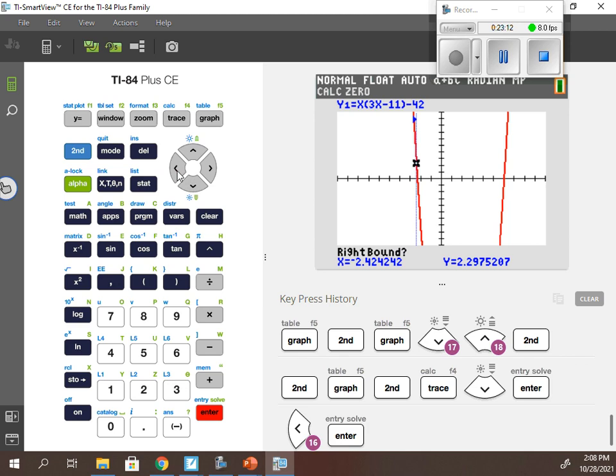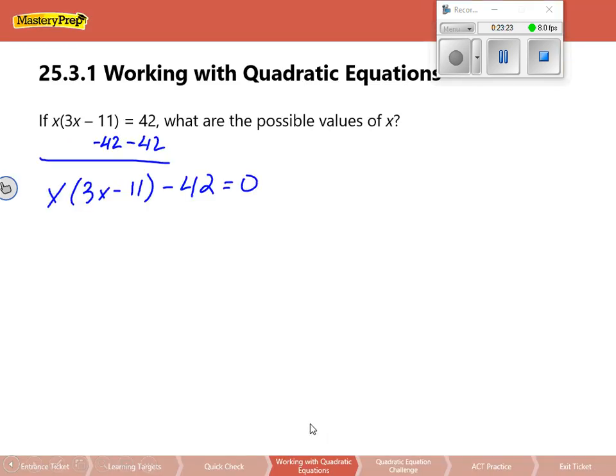There we go. Negative 2 1/3. So we did see that x is 6, and the other is negative 2 1/3.